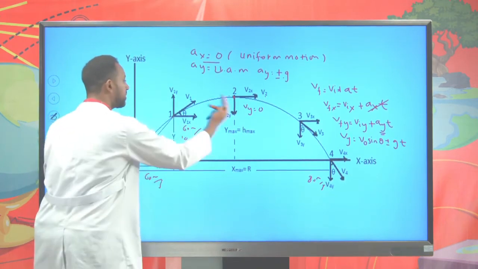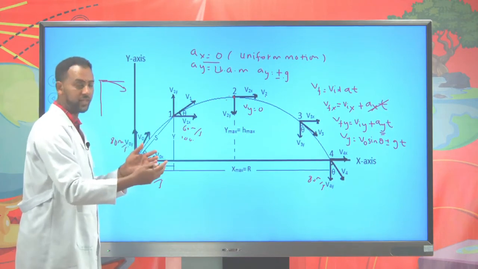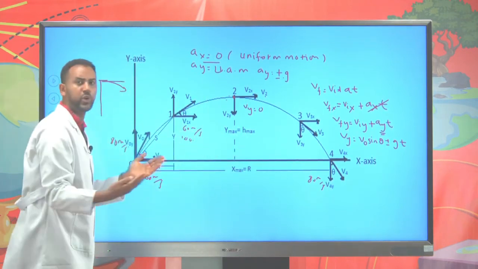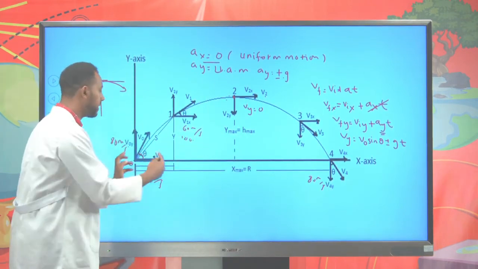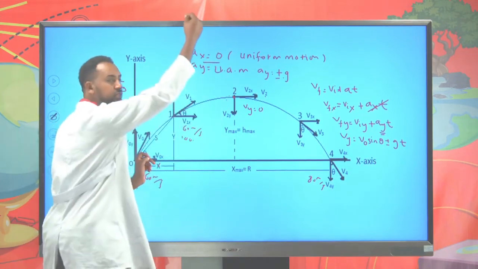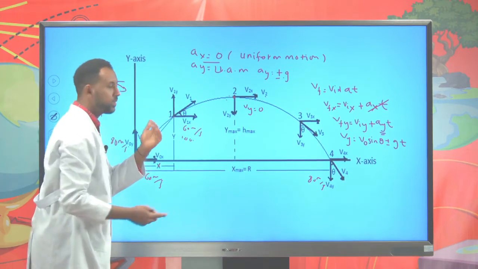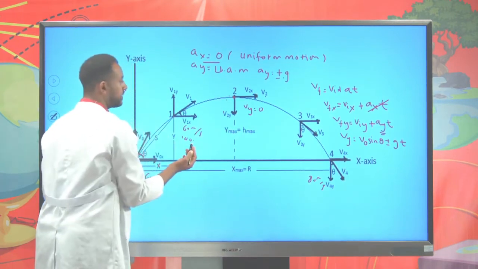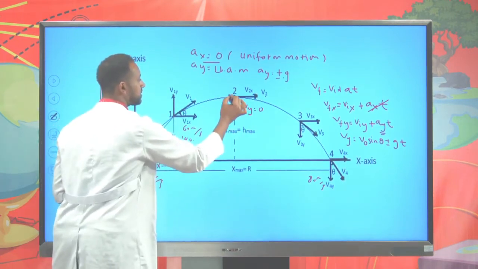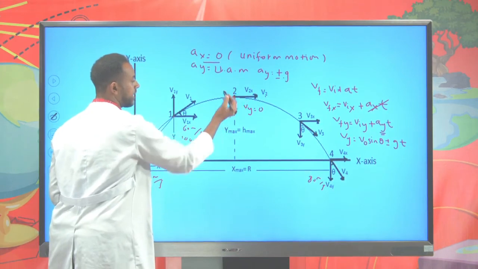The time it took is half of the total time of flight. Suppose the total time of flight is 20 seconds. If it is 20 seconds, it took 10 seconds to reach its maximum height, and the other 10 seconds to come back down.